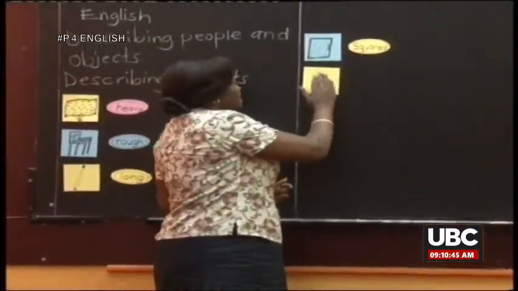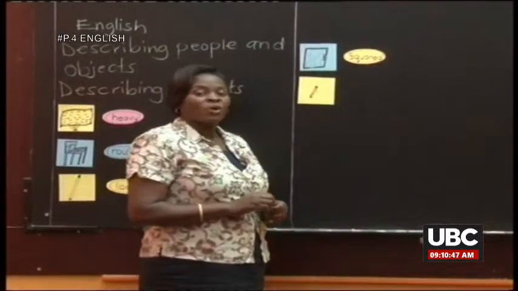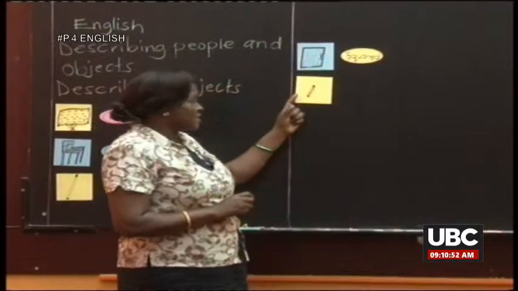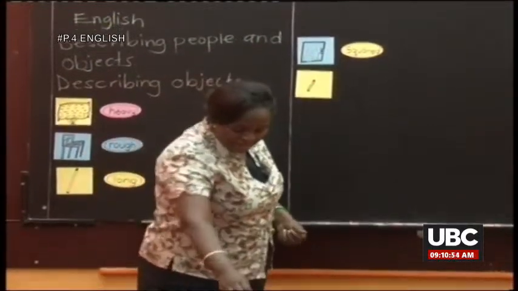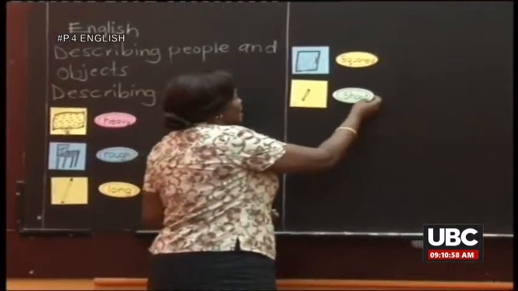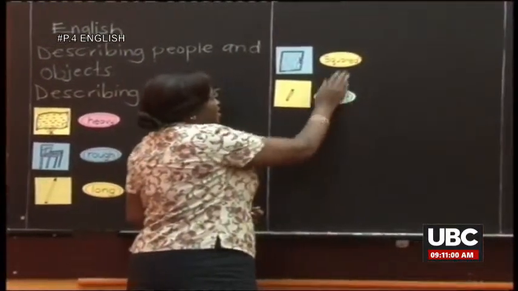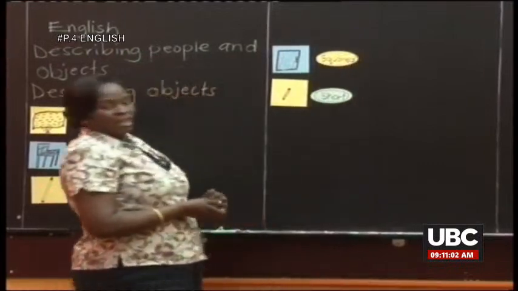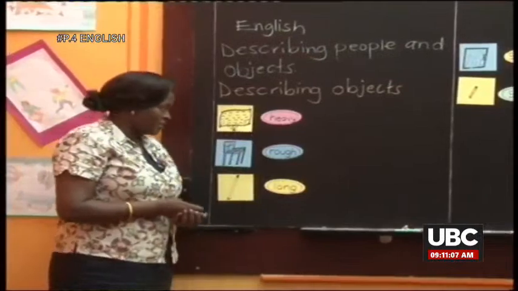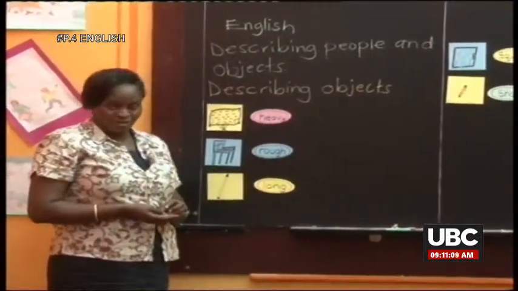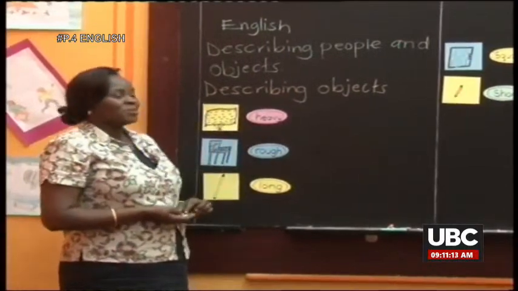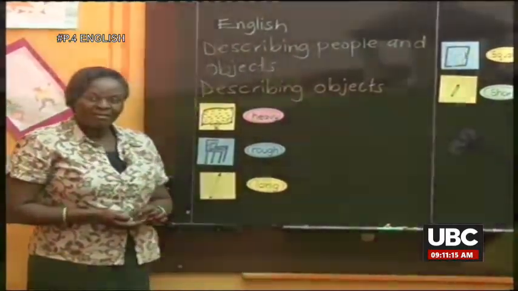You can call it a stick, or you can call it a piece of chalk, but we are looking at the size of that stick. We are going to call it a short stick. We are getting the adjectives. So before we read through our adjective words, let's go for a short break. We shall come back and read through our adjective words.